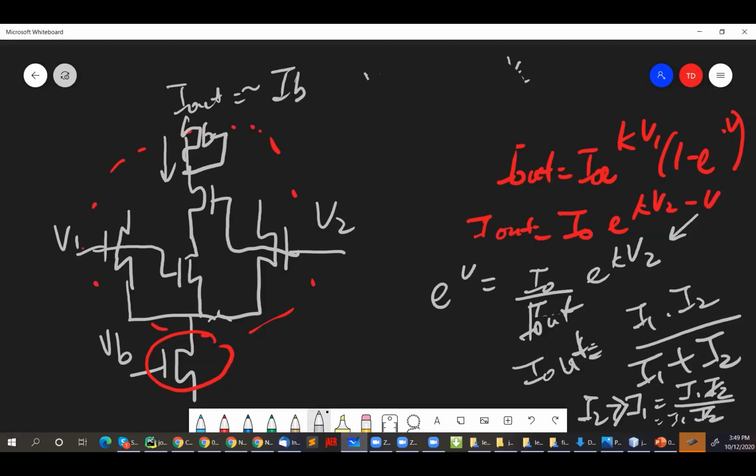But since I have these other two legs, if I sum up their current, I should get the opposite, because now everything has to sum to IB, right? So this current here, which measures the similarity, if I sum it with the two blue currents, that actually measures the dissimilarity. So all three of them have to sum up to IB.